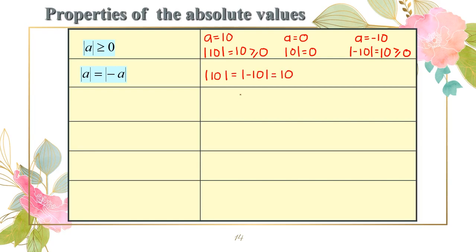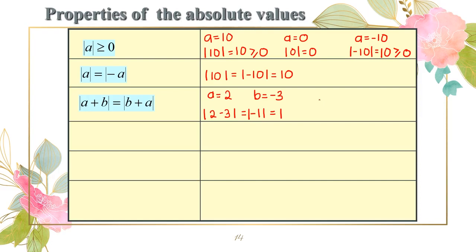Alright, let's look at the third property. The absolute value of a plus b is equal to the absolute value of b plus a. For example, let's say a equals 2 and b equals negative 3. So 2 plus negative 3 gives us negative 1, and with the absolute value, it gives us 1.